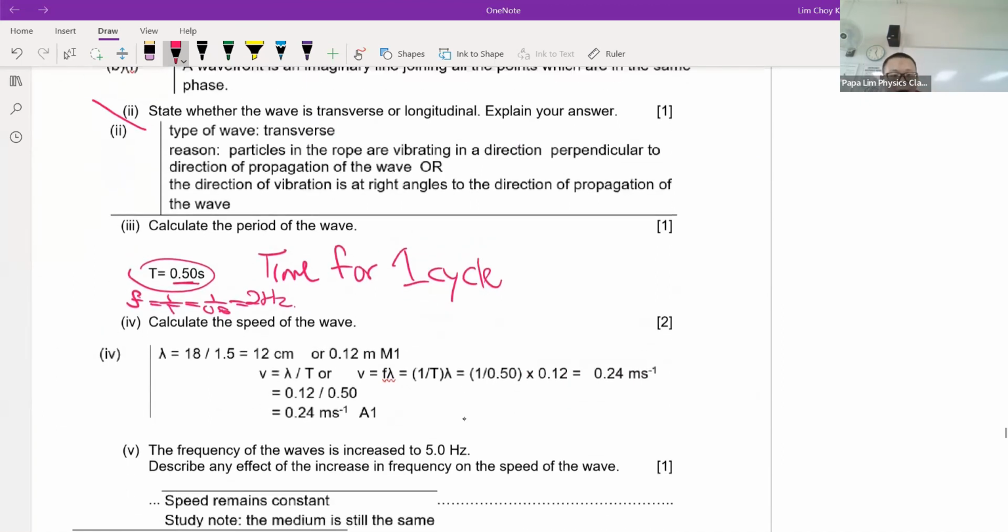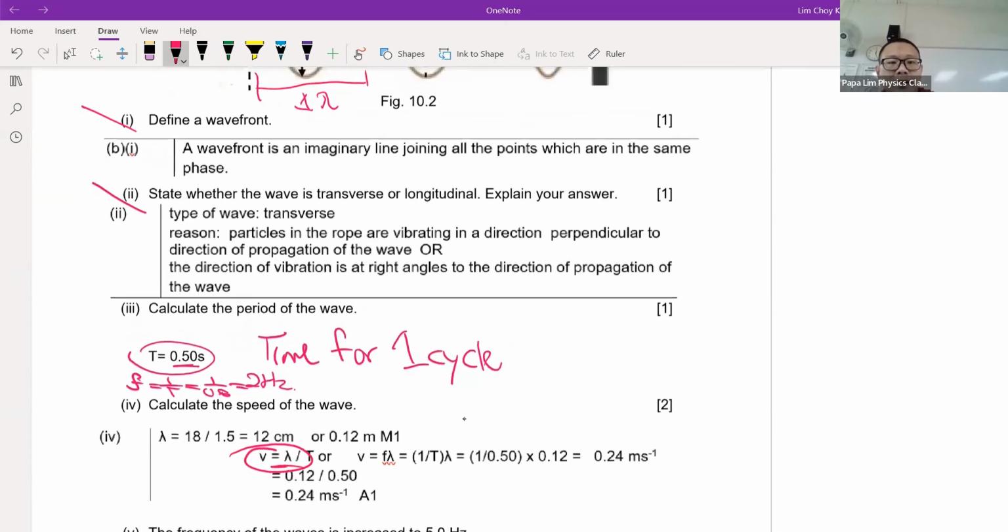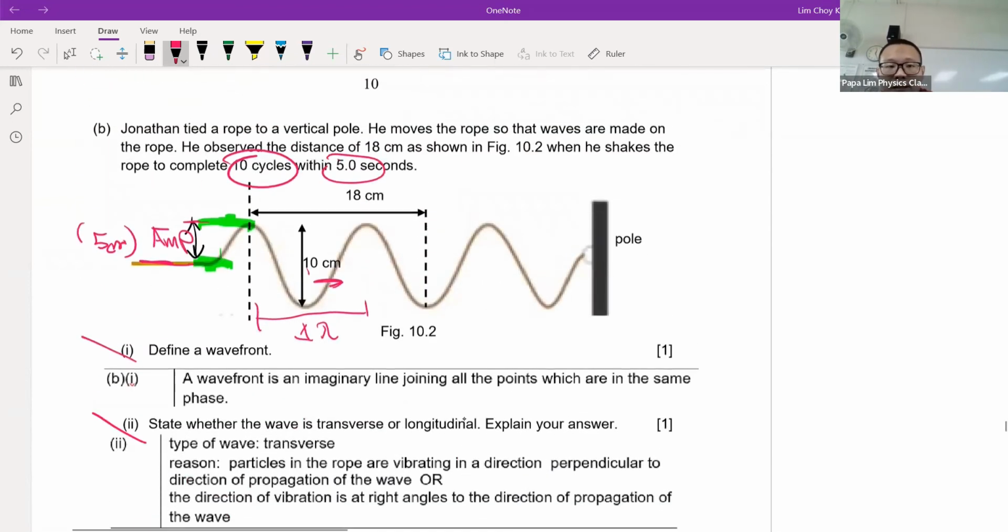Okay, so for the speed of the wave, I will need to use the formula V equals F lambda. Remember, lambda here: I'm given 18 cm, but this is not one wavelength, this is 1.5 wavelengths.